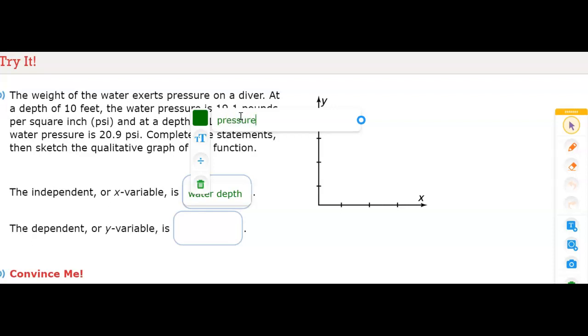So again, the independent or x variable is water depth. The dependent or y variable is the water pressure. So water depth will be here on the graph, and the water pressure will be here on the graph.